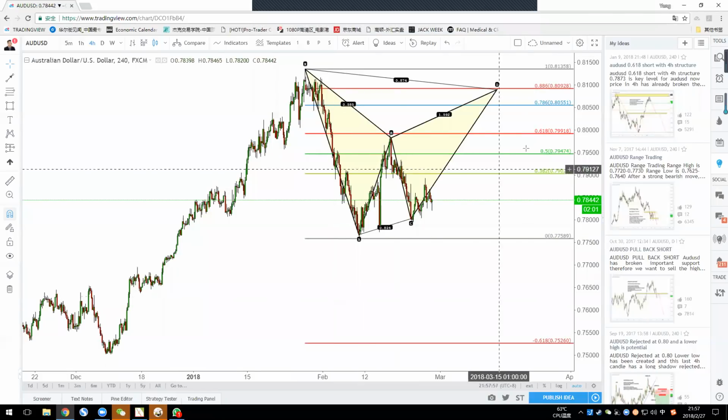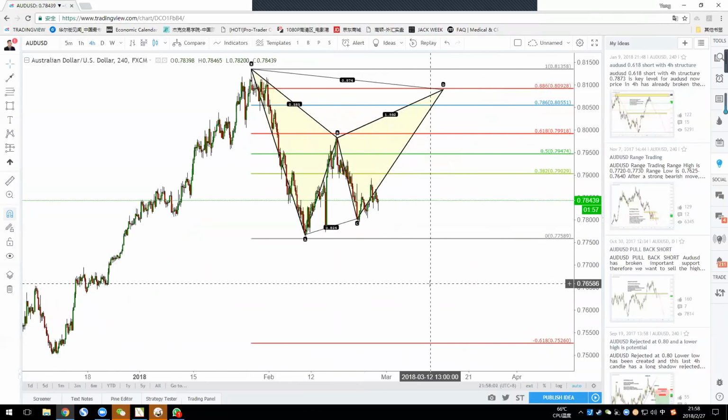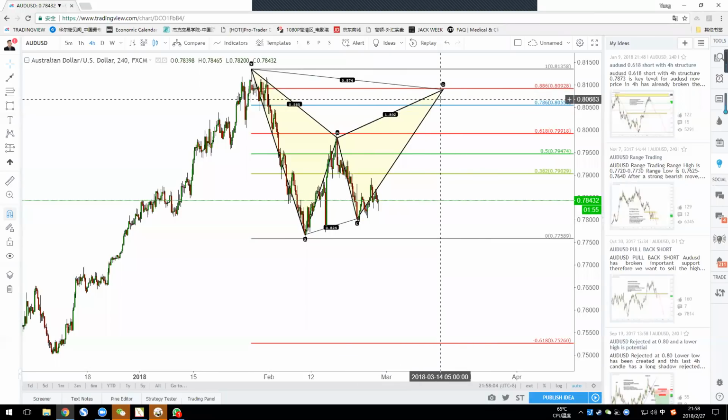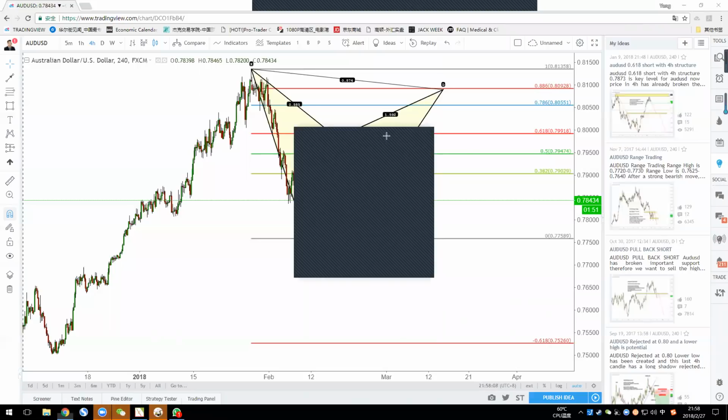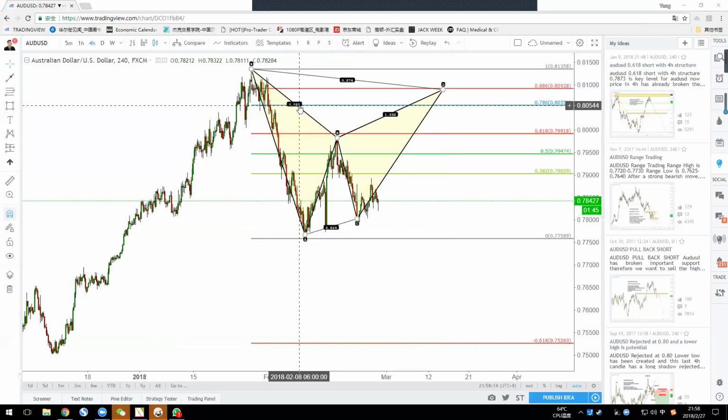Which tells you that this whole area is very good for you to take a short, if the price comes to the level. Sell high. But you don't always wait for the entry, because you need to look at the structure. Sometimes the harmonic patterns may not complete, and if it never completes you just miss other opportunities, which is not acceptable.